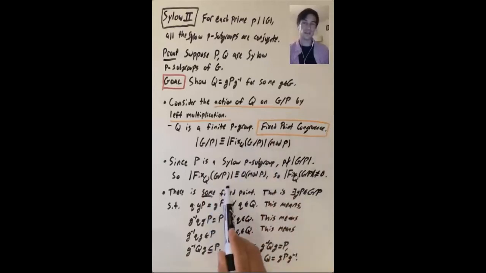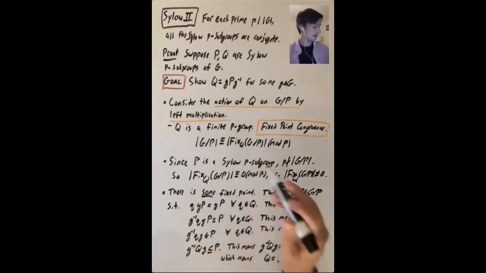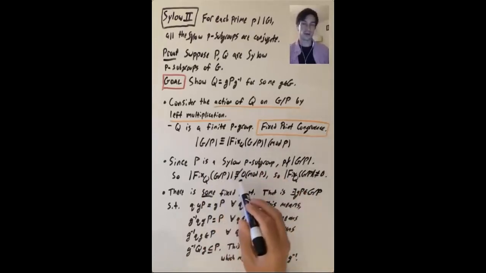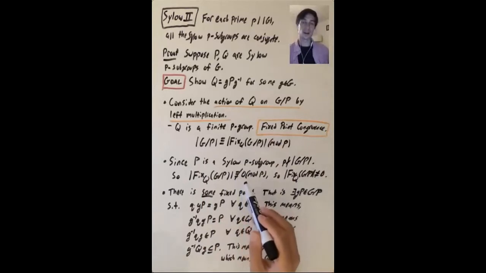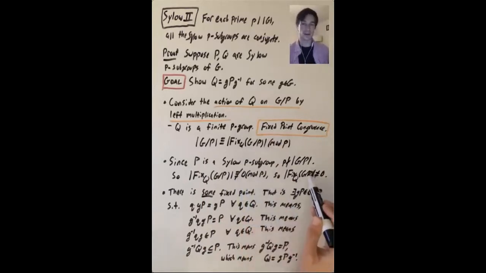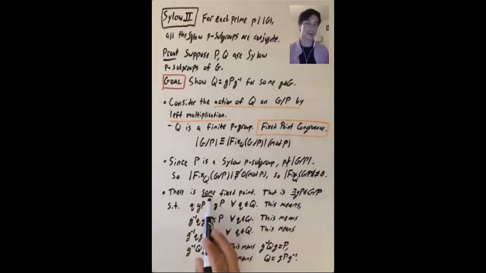So p does not divide this number of fixed points. It's not 0 mod p, so it's definitely not 0. The big idea is that this tells us there are some fixed points.